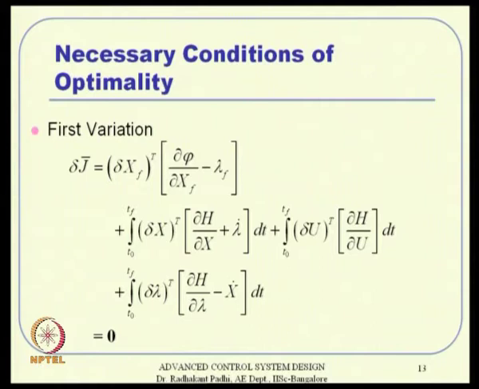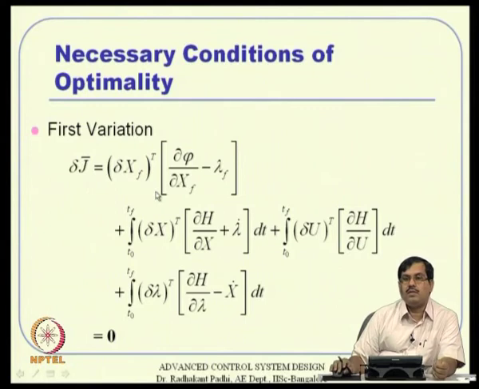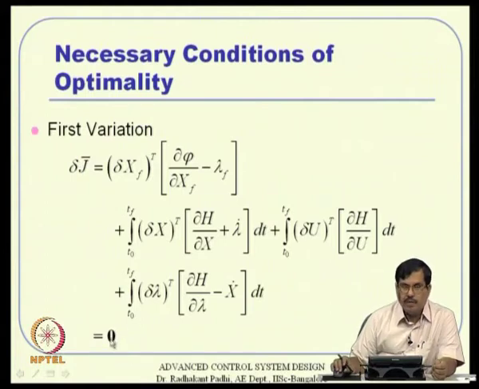Now, ultimately we are left with this, and remember the principle of optimization, the necessary condition from calculus of variations: the first variation of J bar, delta J bar, needs to be equal to 0. That is what we want ultimately.